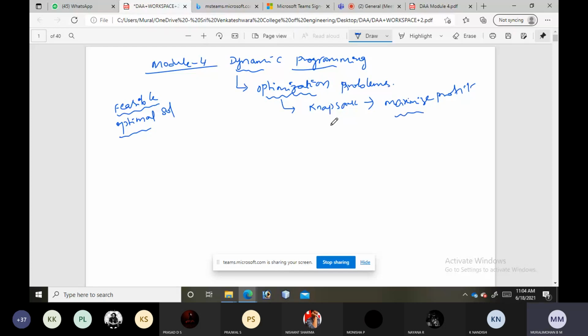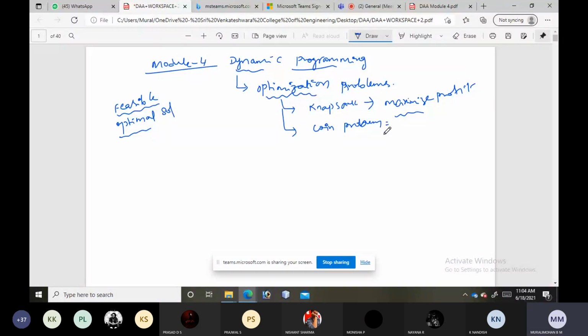Suppose we take the coin change problem. Here we minimize the number of coins.